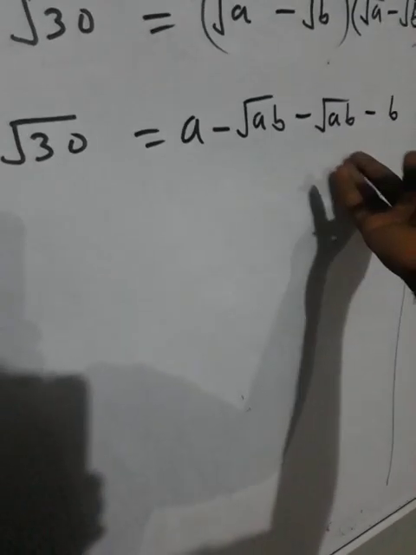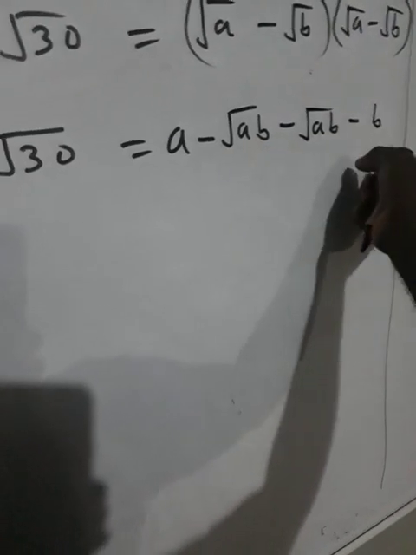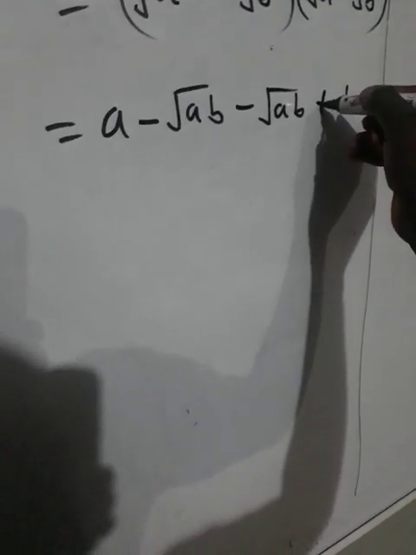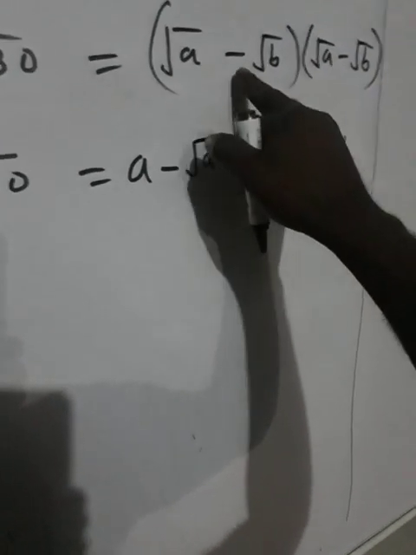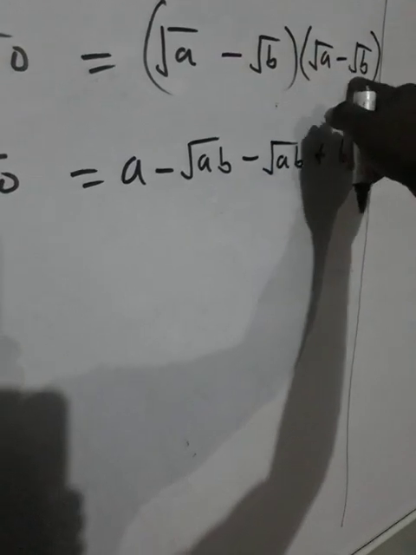Then add the like terms. Minus times minus is plus, so minus root b times minus root b will give us plus b.